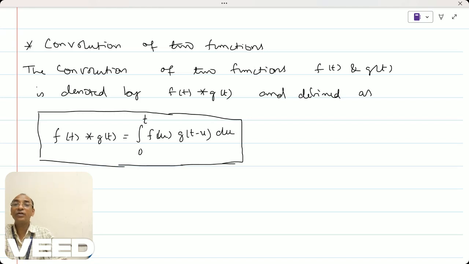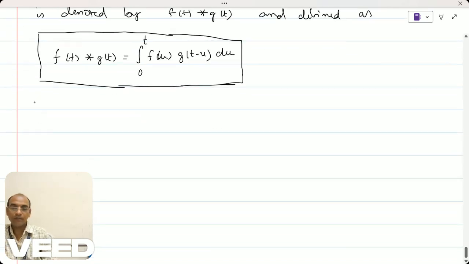Now, what is the convolution theorem of Laplace transformation?